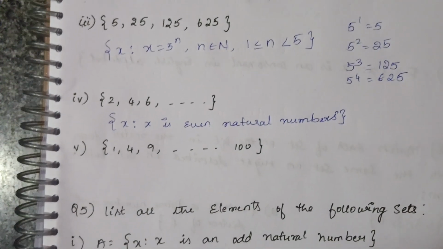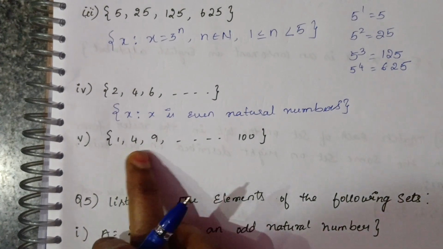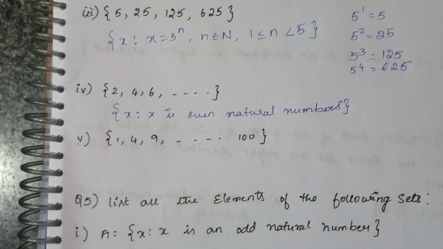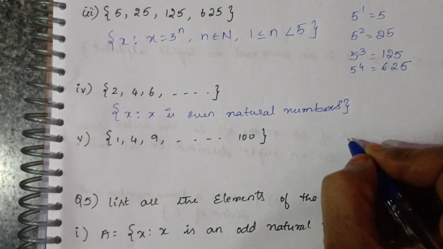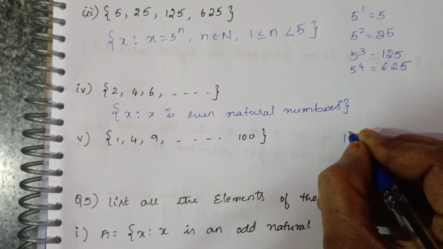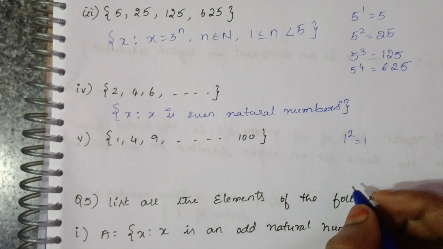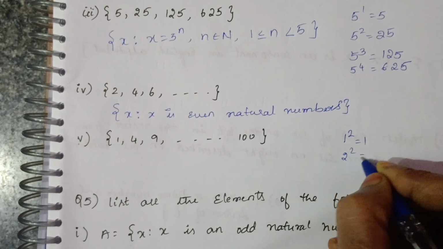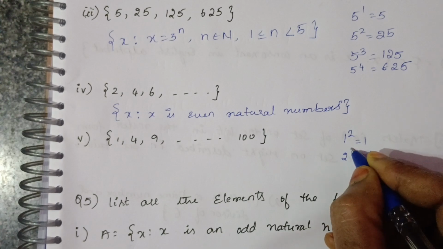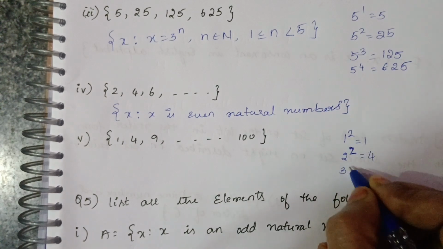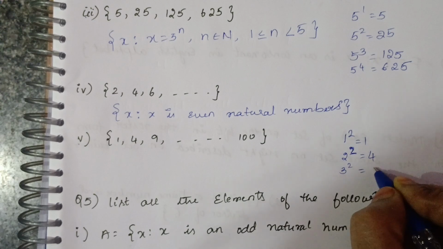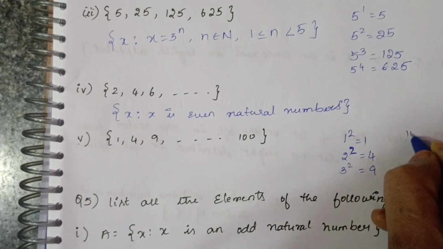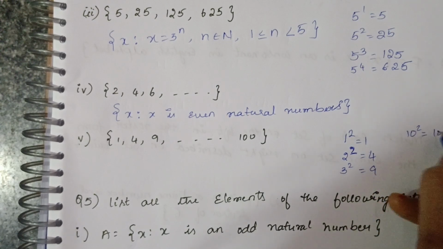Next question. 1, 4, 9 up to 100 is there. Now see, if you take 1 square means 1 only. 2 square is 4. 3 square is 9. Up to 10 square is 100.